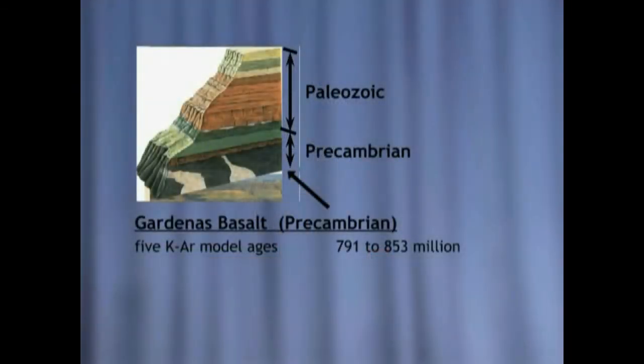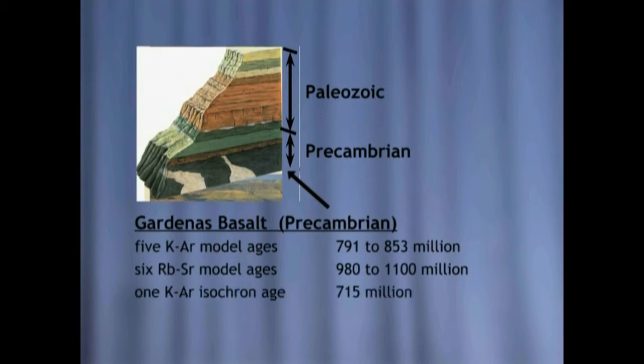So what these scientists did, went down to the Cardenas basalts in the Grand Canyon, got some rock samples, took them to this laboratory, and just said, date these rocks. They did not bias the experiment. And they dated these rocks using many different formats. They did 5 potassium-argon models, 6 rubidium-strontium, 1 potassium-argon isochron, and 1 rubidium-strontium isochron.